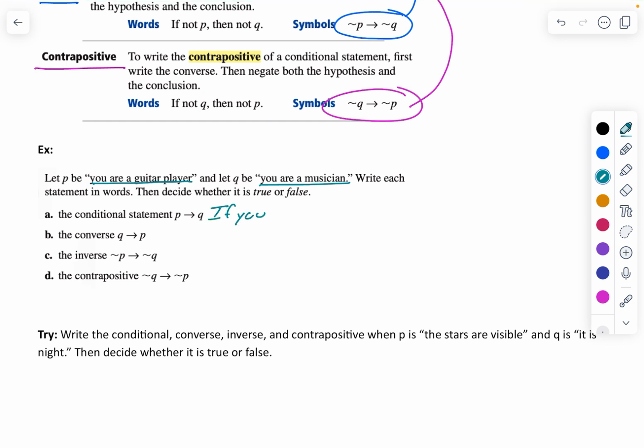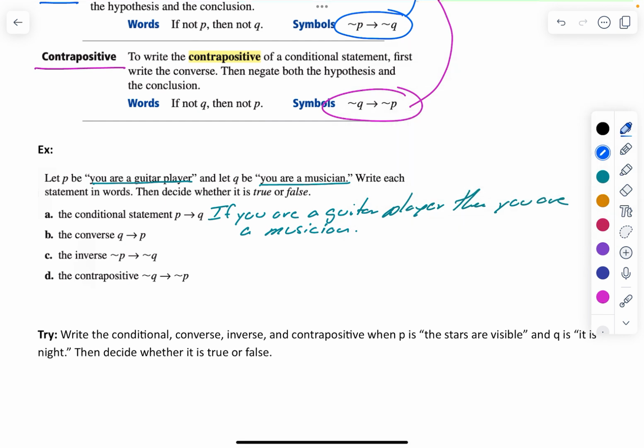If you are a guitar player, then you are a musician. Okay, so that's our conditional. If we had to say true or false, that is true. If you're a guitar player, you play an instrument, which means you're a musician.